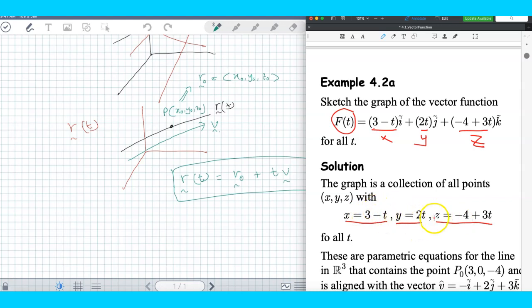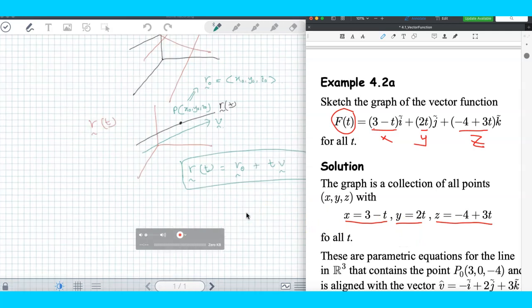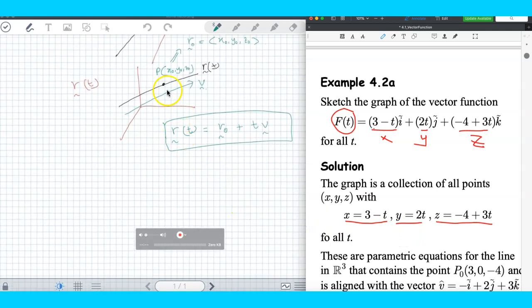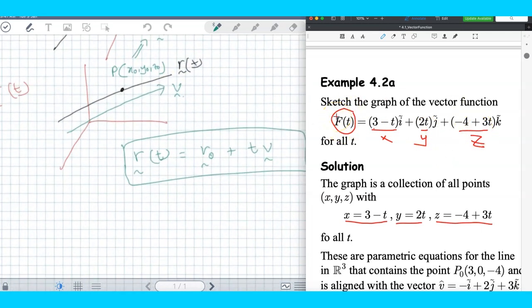Now from the parametric equation given here, we can find the point that the line passes through, and also the vector v, which is parallel to the line. The vector r here we can call f, the vector f, as given.